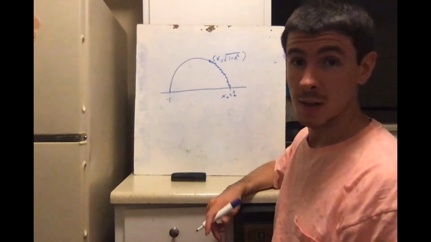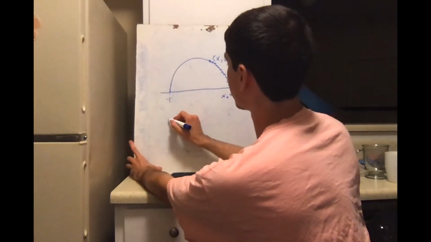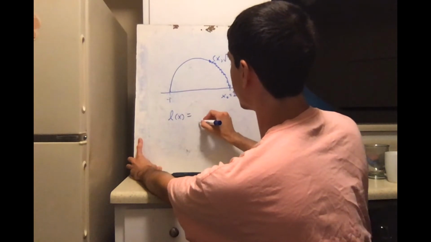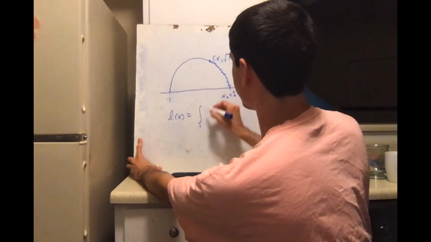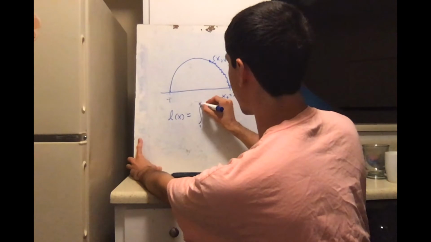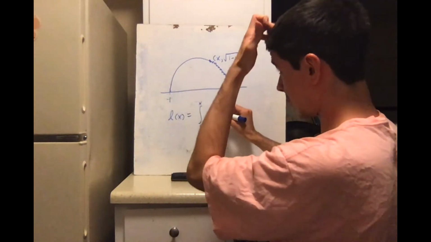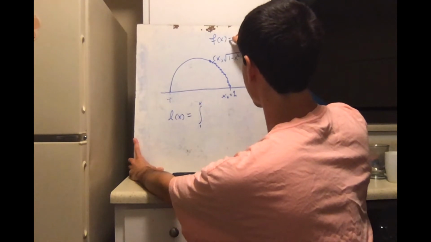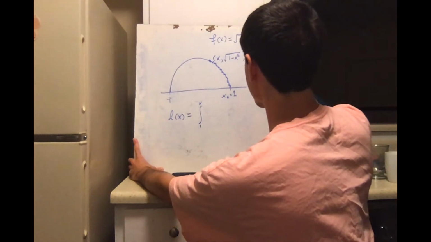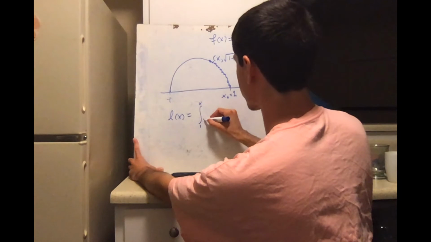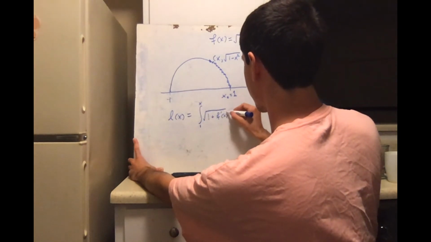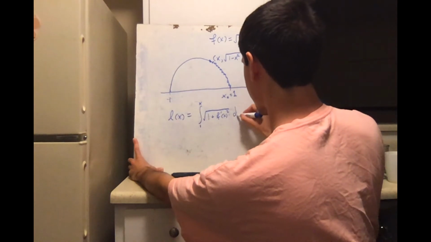So L of x is going to be the integral from 1 up to x of, say, f of x equals the square root of 1 minus x squared, of the square root of 1 plus f prime of x squared dx.